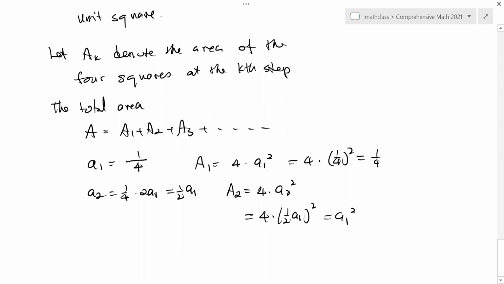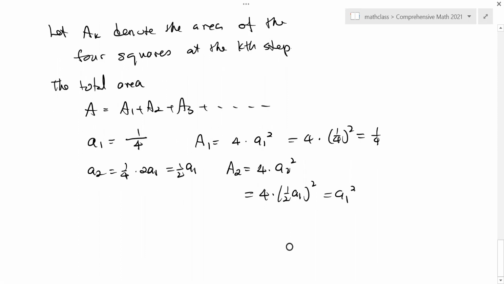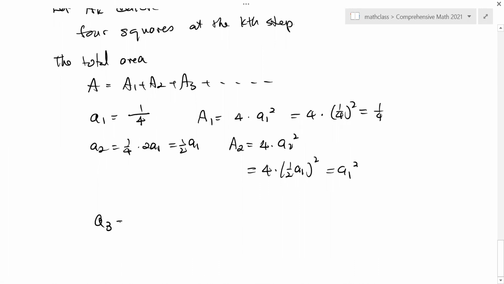We're not going to write down the number here. Then A3, repeat the same procedure. A3 is 2A2 divided by 4, it's half of A2.